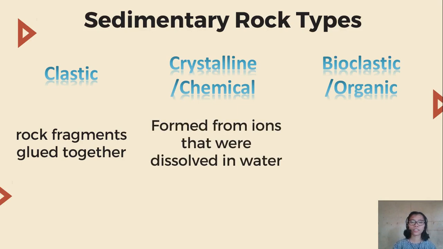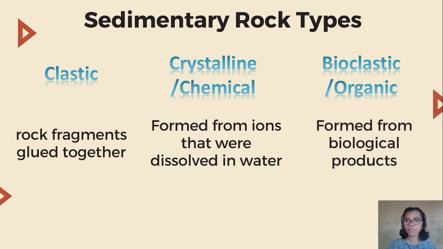Next, the crystalline rocks that form from ions or smallest particles that were dissolved in the sea water. These rocks usually form as the ocean water evaporates away and leaves the dissolved minerals behind. Okay, so these are also monomineralic.